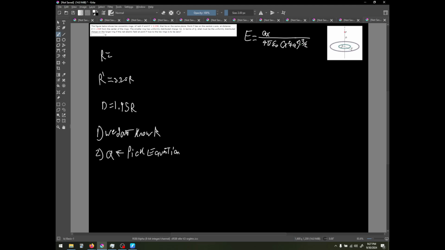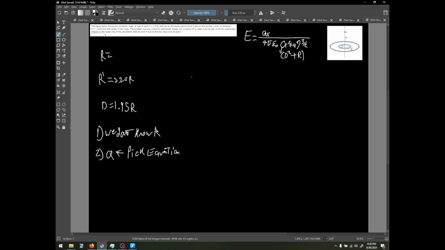Okay, now this x squared is actually d squared plus r prime. I believe it's r or r prime.